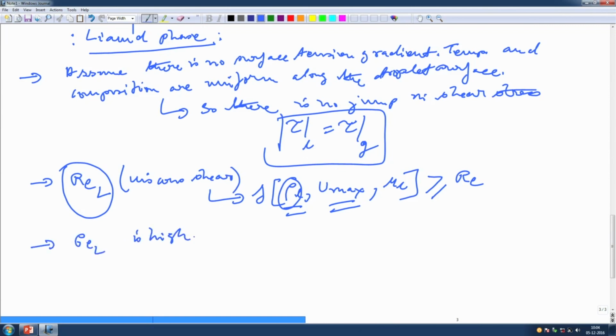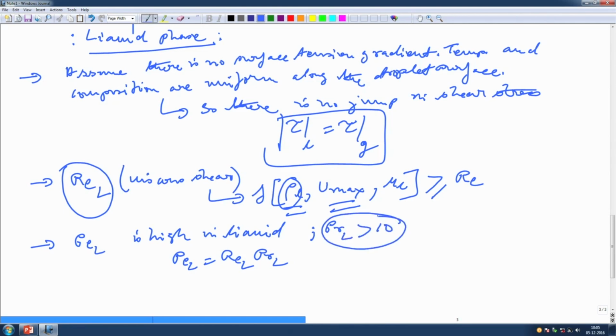What happens when the Peclet number is high? The Peclet number is the Reynolds number of the liquid phase times the Prandtl number of the liquid phase. The Prandtl number of any liquid is usually high, greater than 10 in many cases. For water it is about 6.